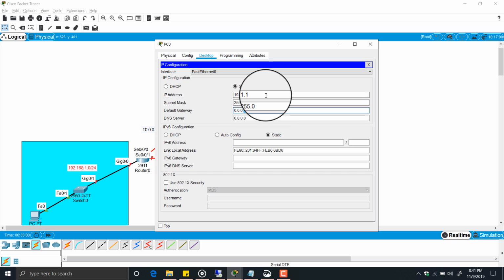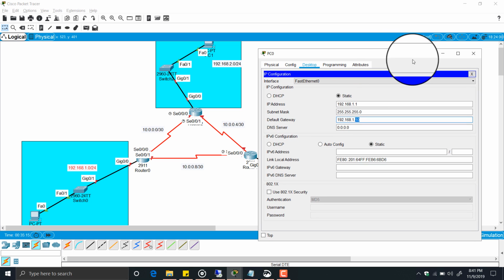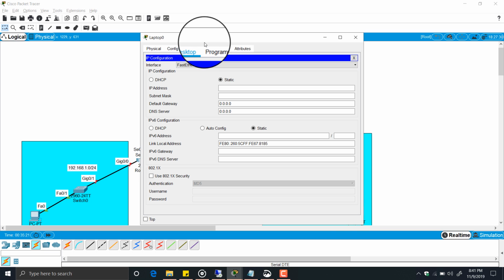And the default gateway, which is the router, I'm going to give it 1.10. I'm going to give every router the .10 IP address for being the gateway of its network. So this PC is done. Now we're going to configure this PC.